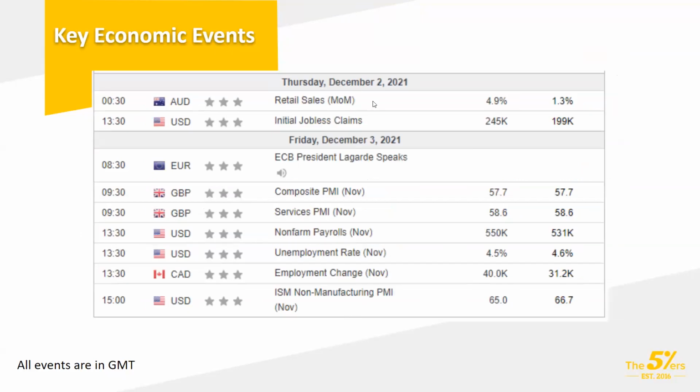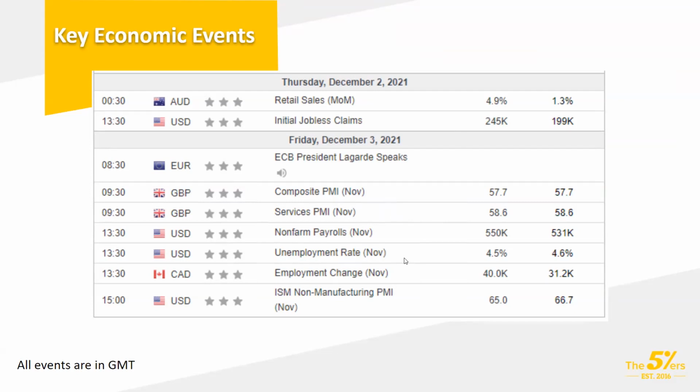Thursday, we have retail sales in Australia and initial jobless claims in the US, which is, of course, a super important piece of data. And then on Friday, we have some PMIs, but we also have the non-farm payrolls, the biggest event every month, which makes the market super volatile, and the unemployment rate.